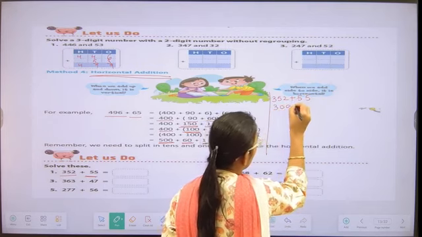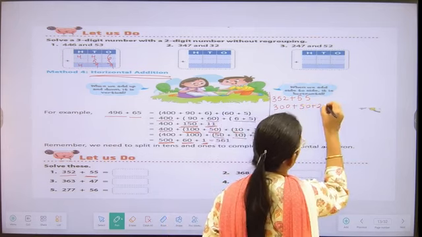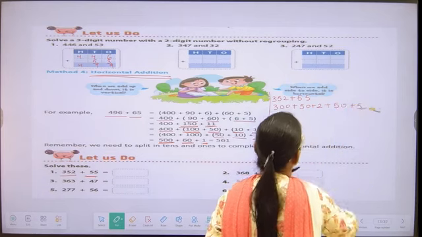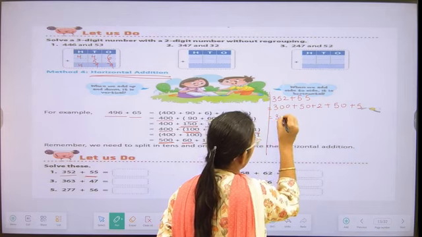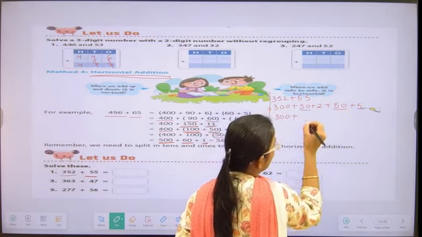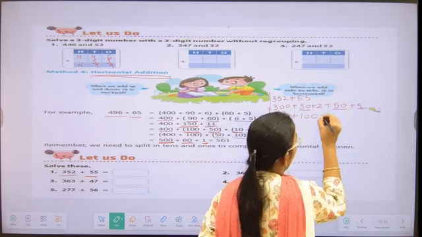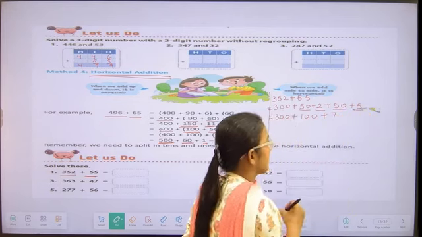We can write 300 plus 50 plus 2 and 55 can be written as 50 plus 5. Now what we are going to do? We have to write first 300, then 5 tens and 5 tens will make 10 tens, and 2 ones and 5 ones will make 7 ones.